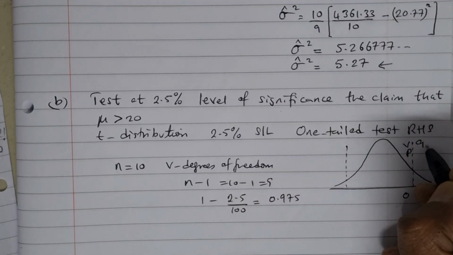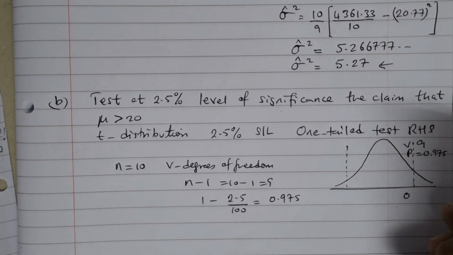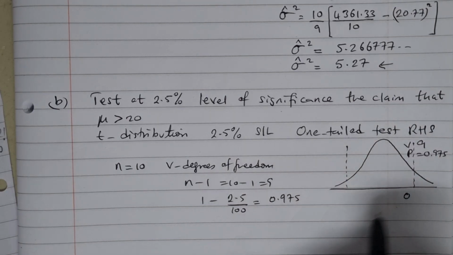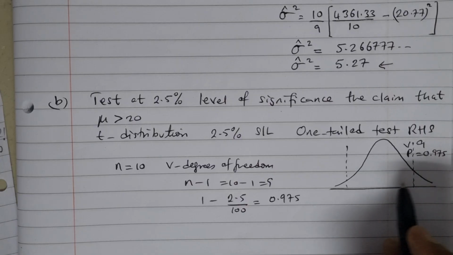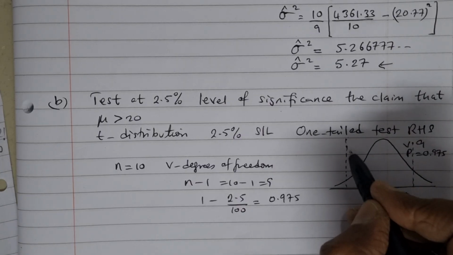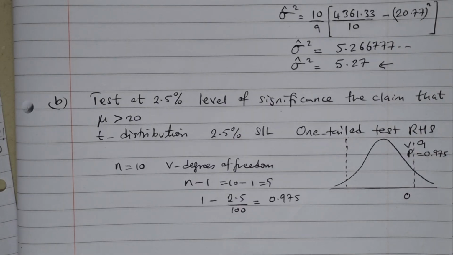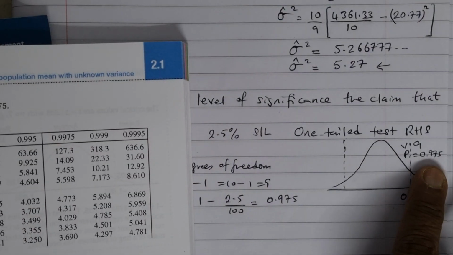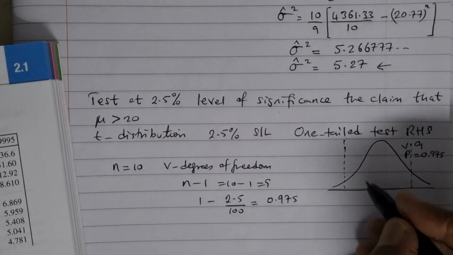So we're going to look at 0.975, and we're going to look at this value here from the t-distribution table.